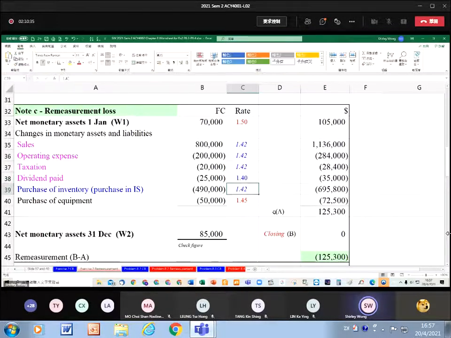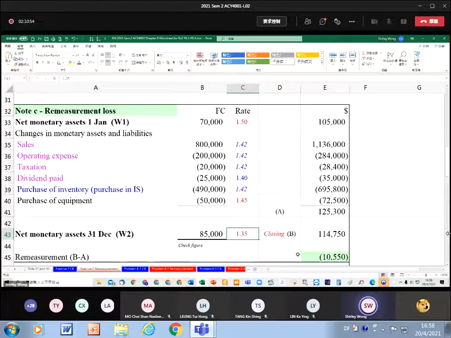So for the dividend, it should be the actual rate, and then the amount is in this way. And then finally, this amount should use the closing rate. The closing rate at year end date should be 1.35. Therefore, the remeasurement gain or loss should be 10,550.